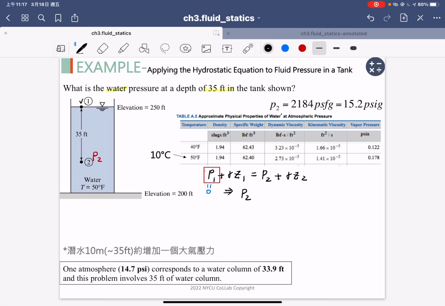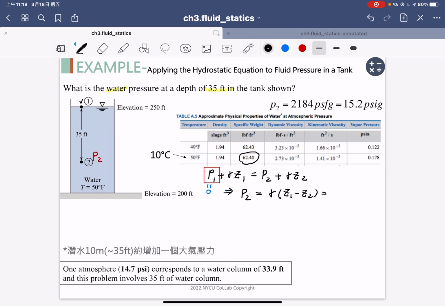So you reorganize your equation as shown here. We need to find the solution for P2, and P2 is equal to gamma multiplied by Z1 minus Z2. We actually know the gamma here. These are room conditions, and we can check the table.